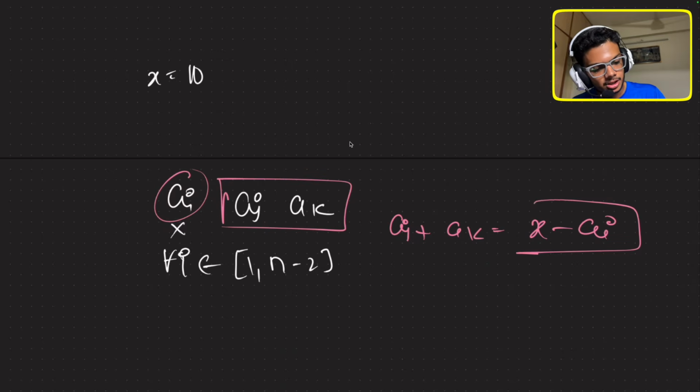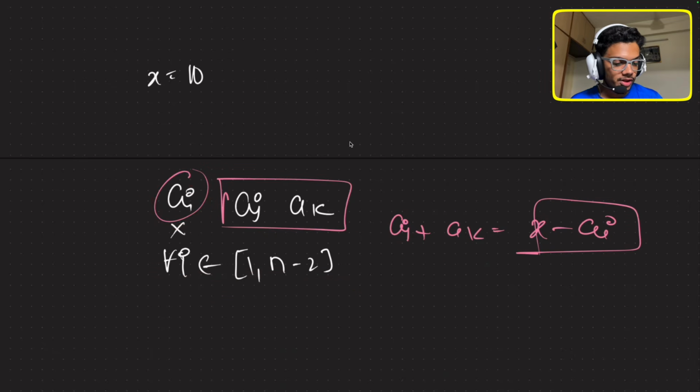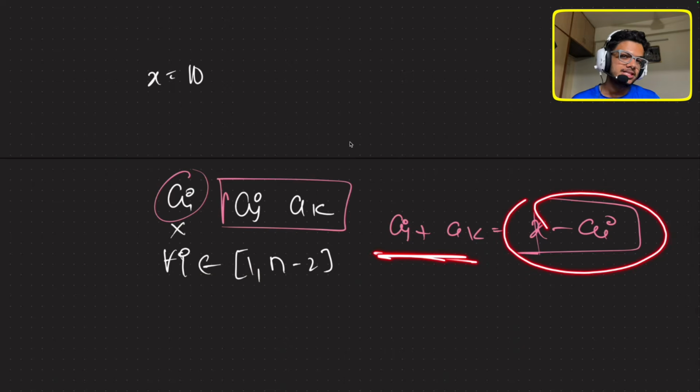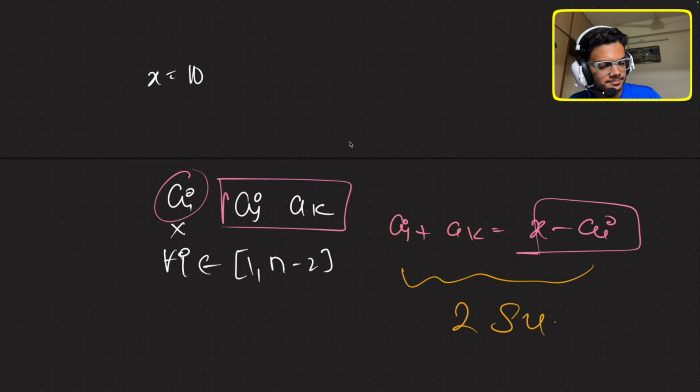So all that matters is for every value of ai from 1 to n, you are looking for a pair whose sum is equal to some value. Does this ring a bell? Isn't this problem the same as the two sum problem, or the sum of two values, right?